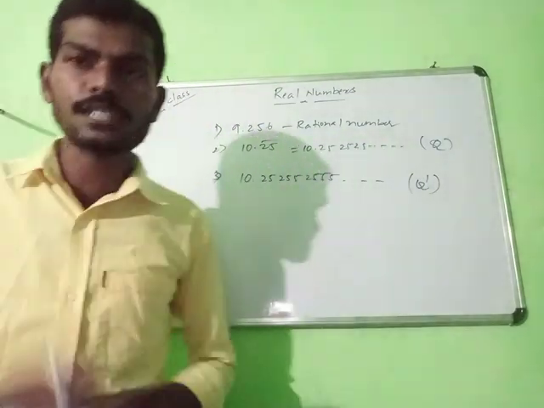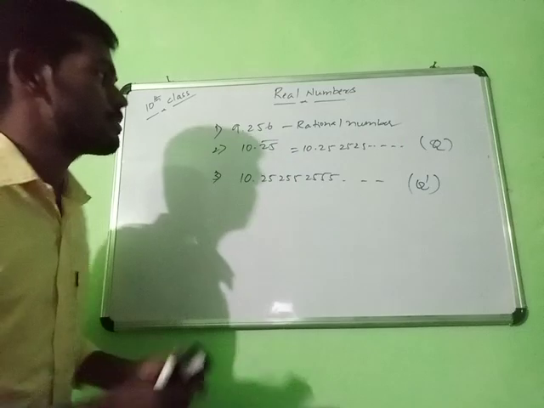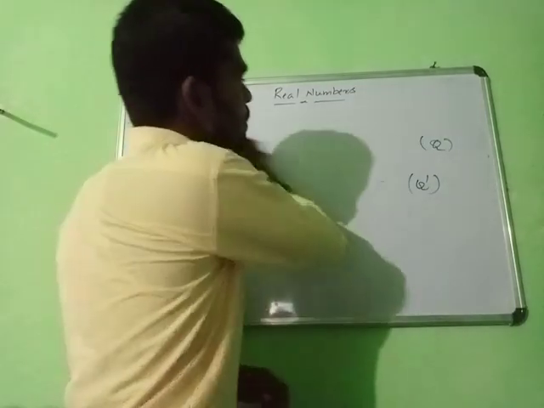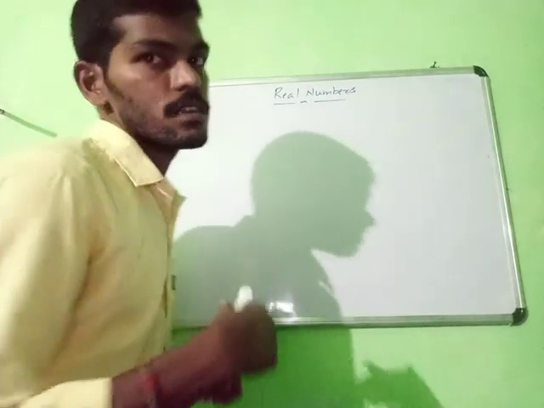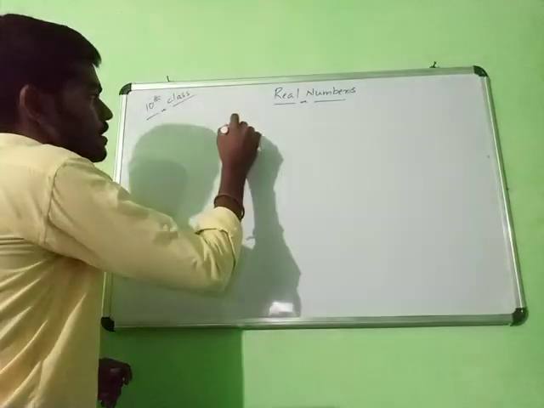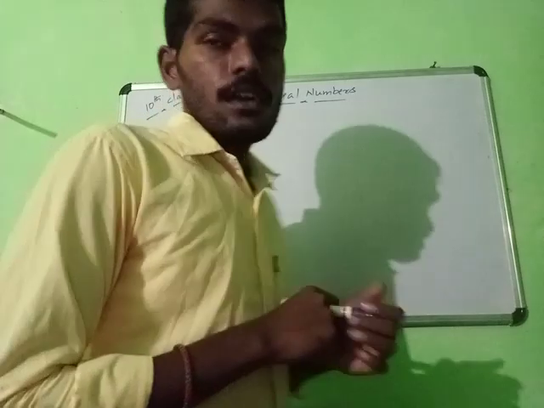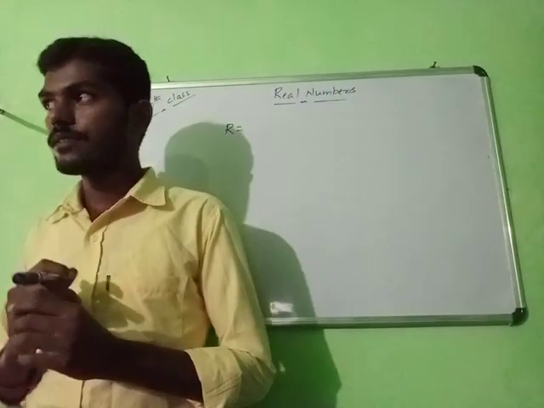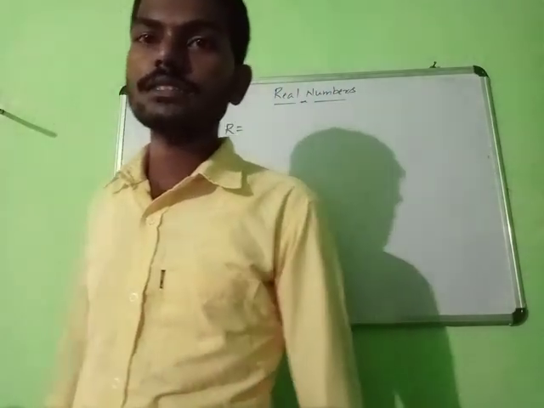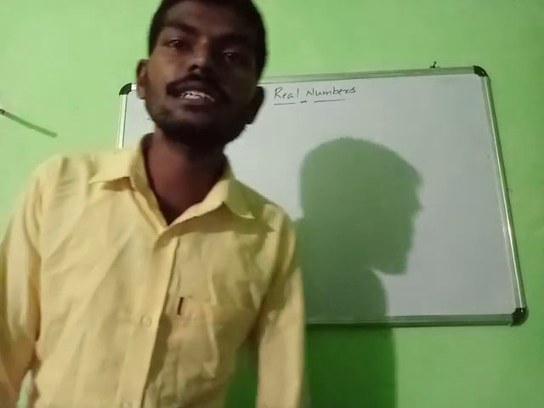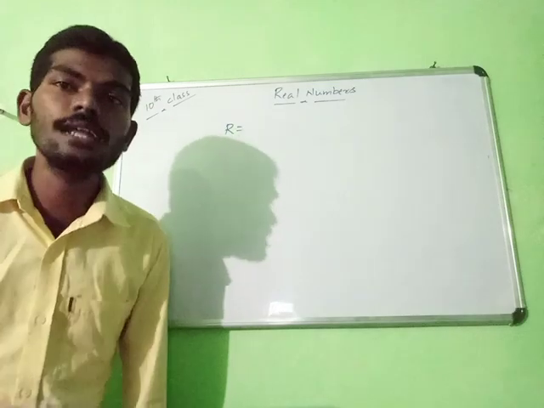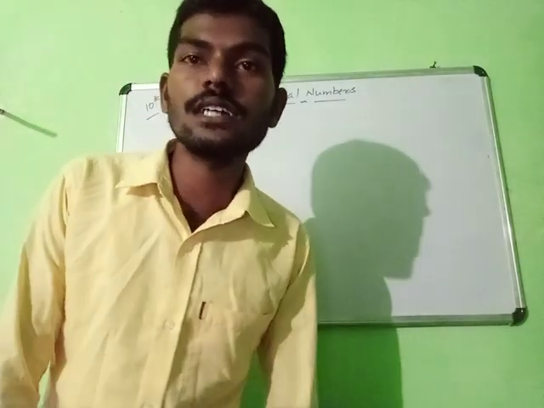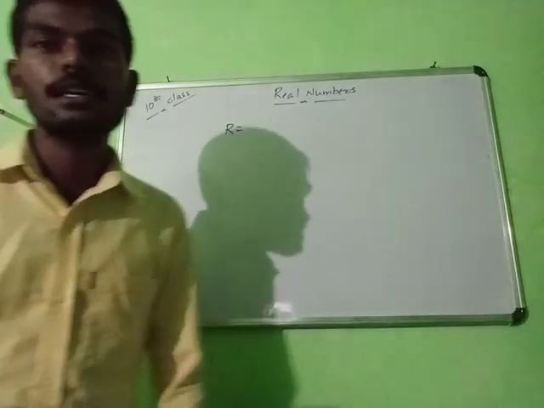Then what are real numbers? Real numbers are denoted by the capital letter R. The rational numbers and the irrational numbers combined are known as real numbers.